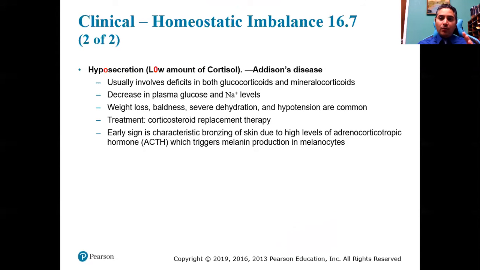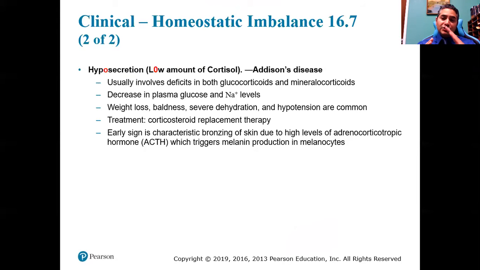Addison's is low cortisol. You think of Cushing's, A, B, C, higher, more cortisol. Also, in the same spectrum of A, B, C, think of A, low. You're going to have loss of weight. In the case of Cushing's, it's weight gain.